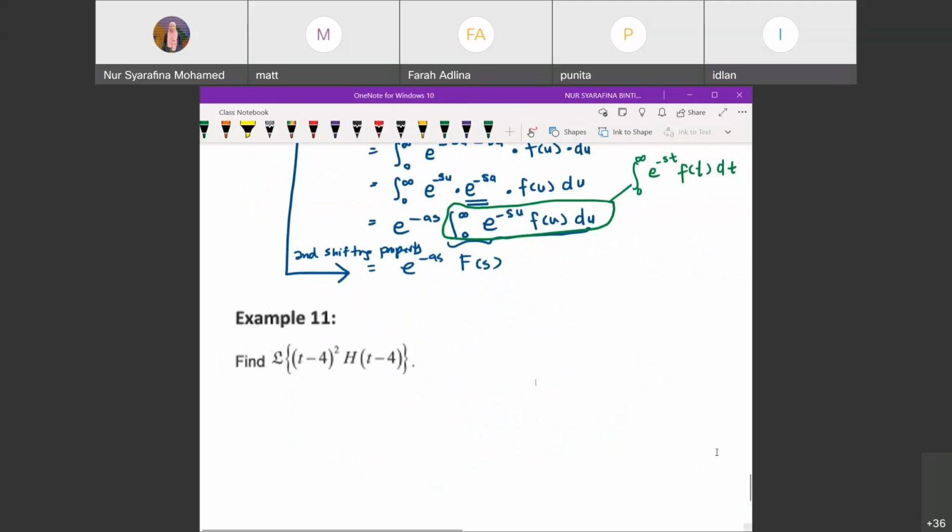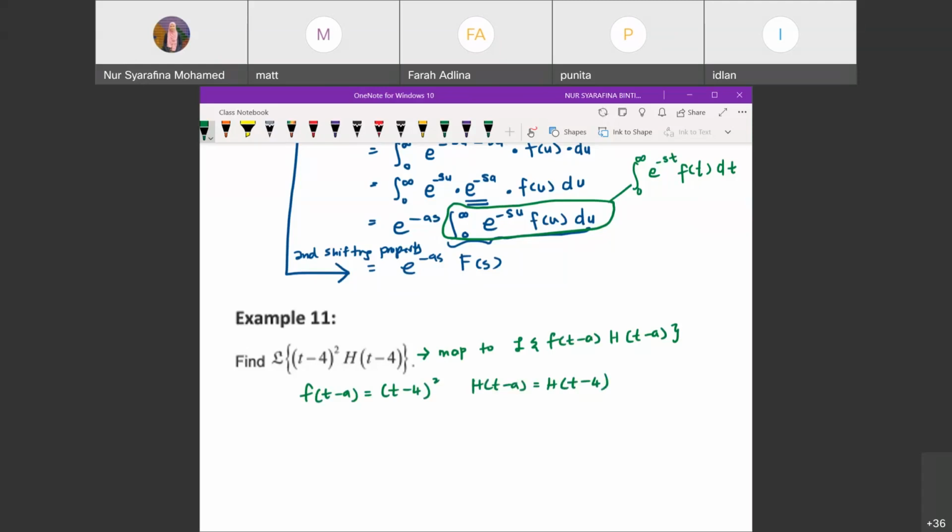Example 11. Transform (t minus 4) squared h(t minus 4). Okay, so you know that this is the method of transforming f(t minus a) h(t minus a), where f(t minus a) equals (t minus 4) squared, and h(t minus a) equals h(t minus 4).